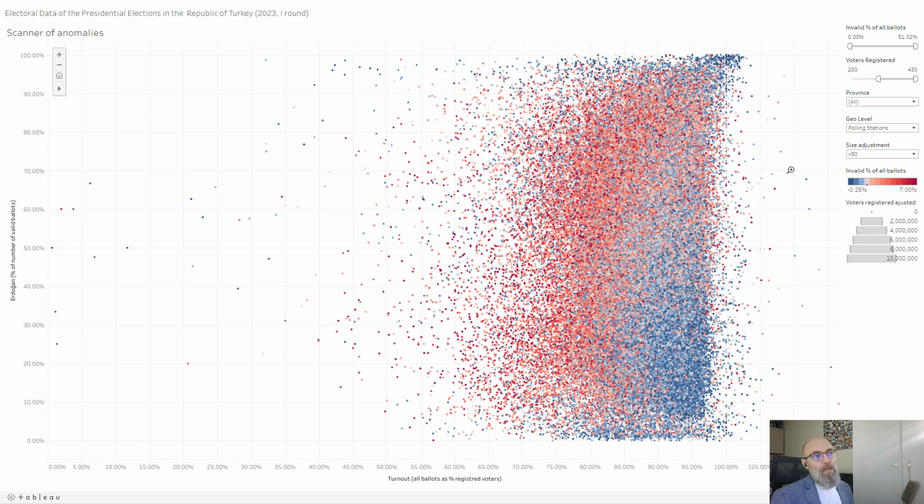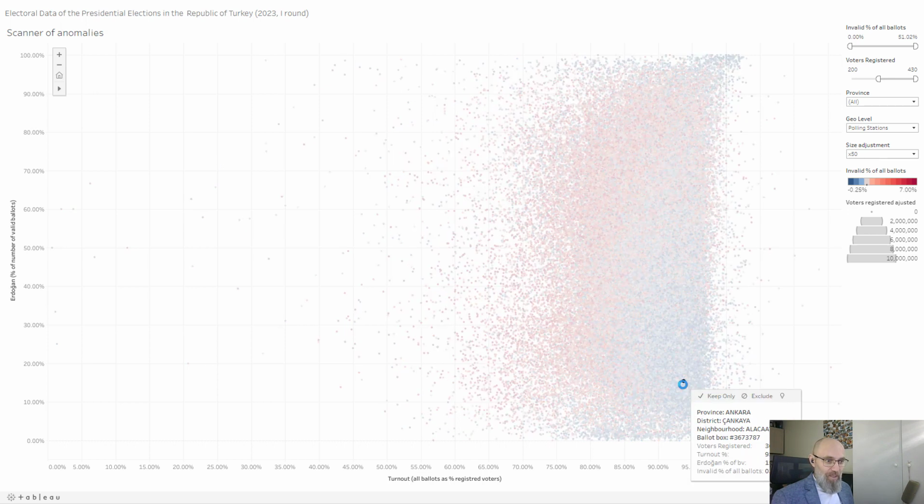And okay, it's hard to explain why, but as I mentioned before, we have this corner of cold polling stations, cool polling stations. They're so cool. They don't make a lot of mistakes, and you see invalid percent of ballots is 0.